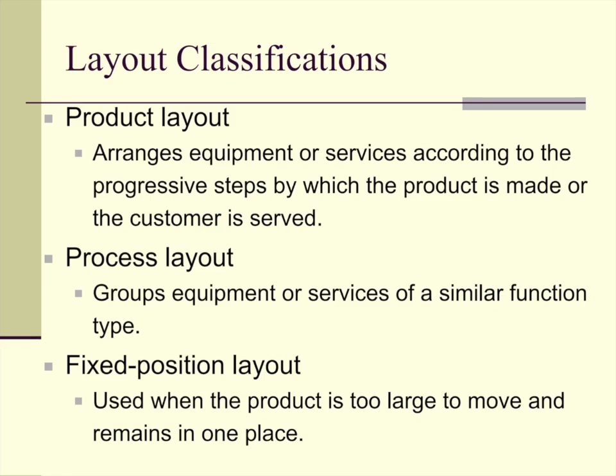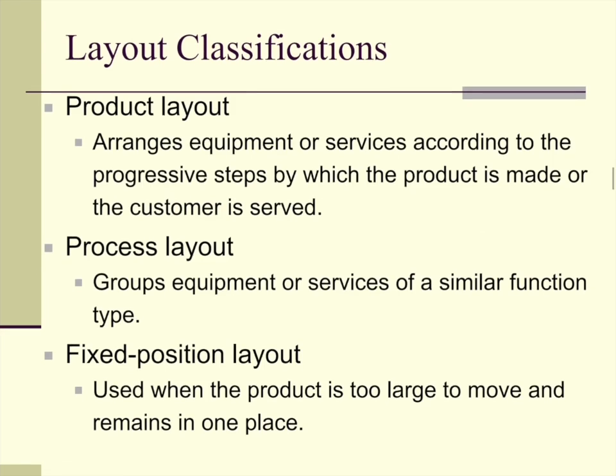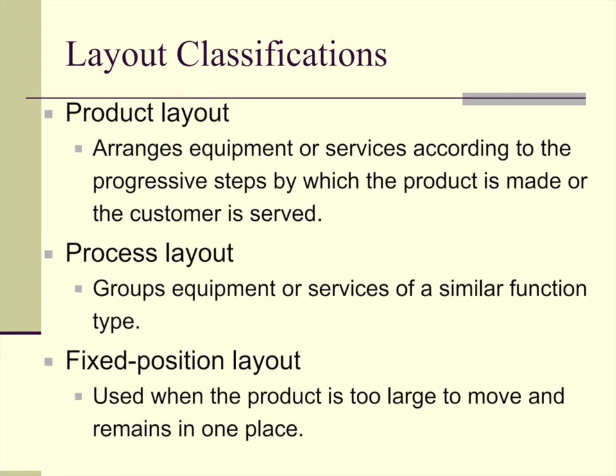Here we're talking about the layout classification. We can classify the layout into the product layout, the process layout, and the fixed position layout. In the product layout, we arrange equipment or service according to the progressive steps by which the product is made or the customer is served.